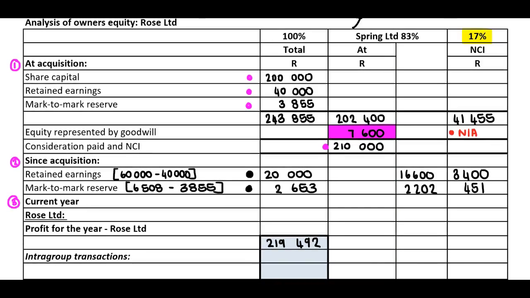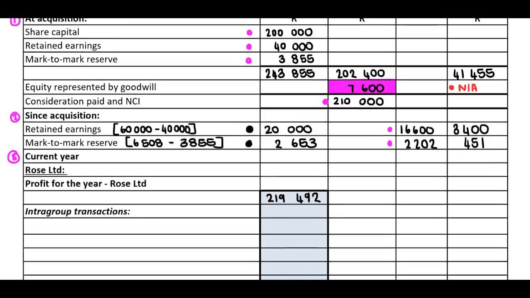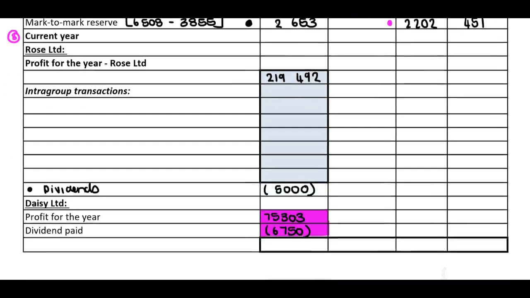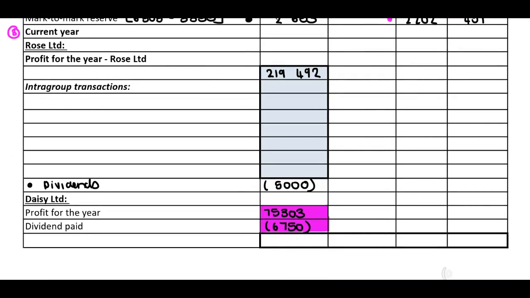I've included the allocation of my retained earnings, mark-to-market reserve for my since period, 16,600 2202, as well as my NCI's portion. Now we need to identify all of the intra-group transactions that will have an effect on the profit of Rose. Important, guys, on the profit of Rose.